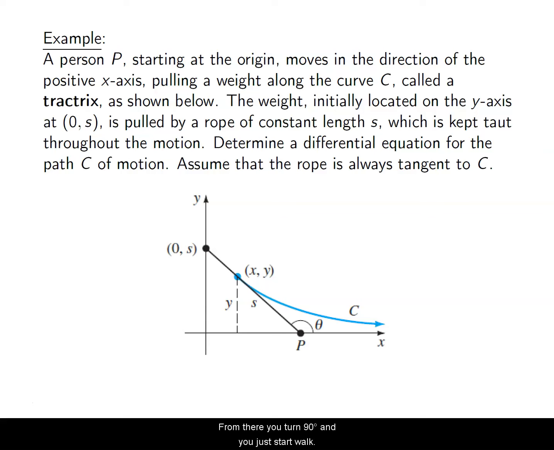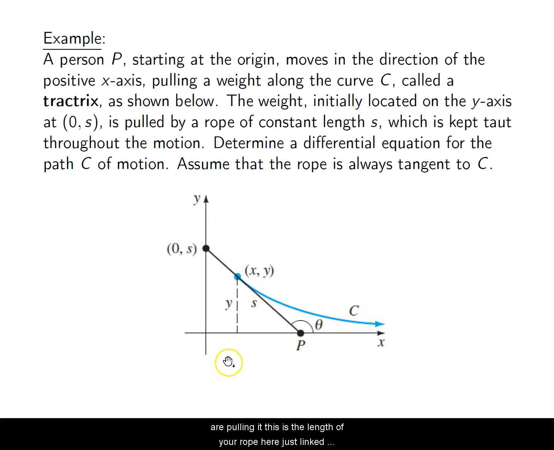From there, you turn 90 degrees and you just start walking and you drag this weight on the ground, okay? So the whole time the rope should be taut, it should never get slack, and you're going to end up dragging that weight along the ground, okay? And the curve in which that weight drags is this curve C. That's what a tractrix is, okay?